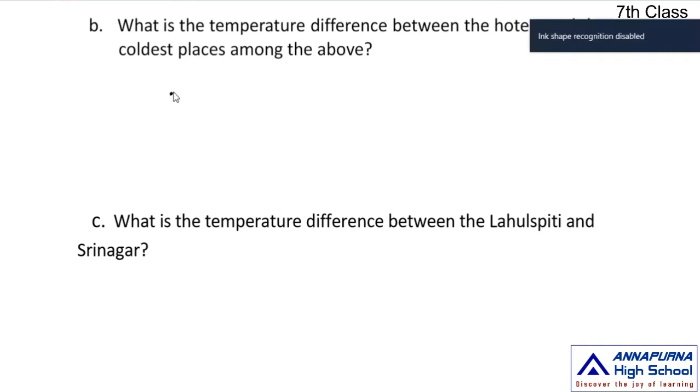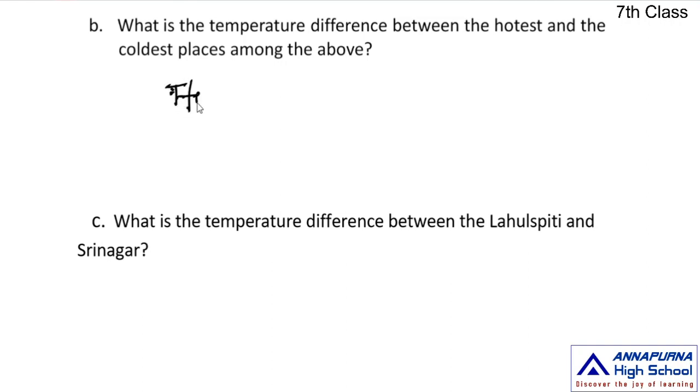Now the second one is: what is the temperature difference between the hottest and coldest places among the above? If you observe the order, it is in ascending order. Therefore, it is very easy to write the hottest and coldest. Now write the temperature. Hottest place, which is, what is the hottest place here?